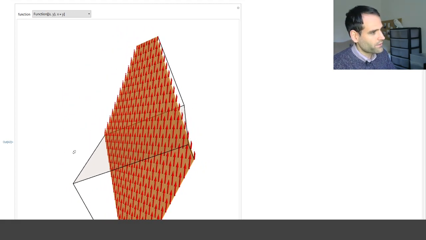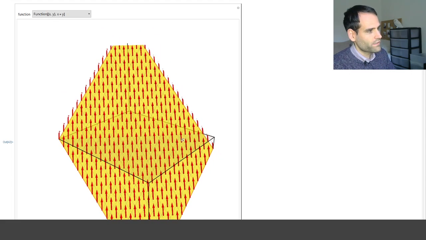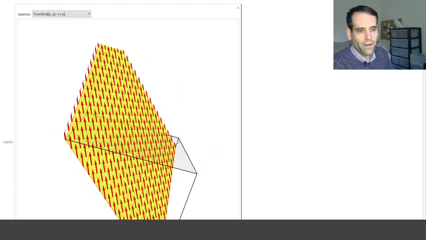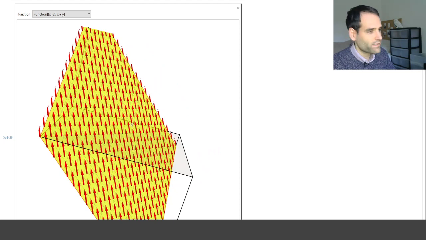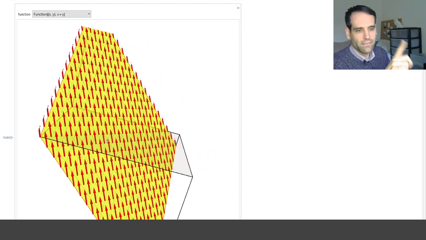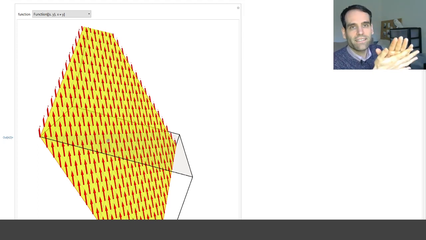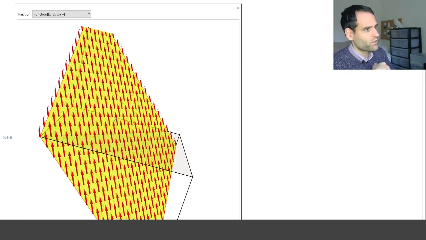So now the gradient, which is this red arrow, is just a vector in the direction 1, 1. So x hat plus y hat. So the red arrow is constant. It's the same everywhere, because the direction of steepest ascent is constant everywhere, and the length of the gradient, the slope of this ascent, is the same everywhere. So the length of the arrow is the same everywhere. Okay?